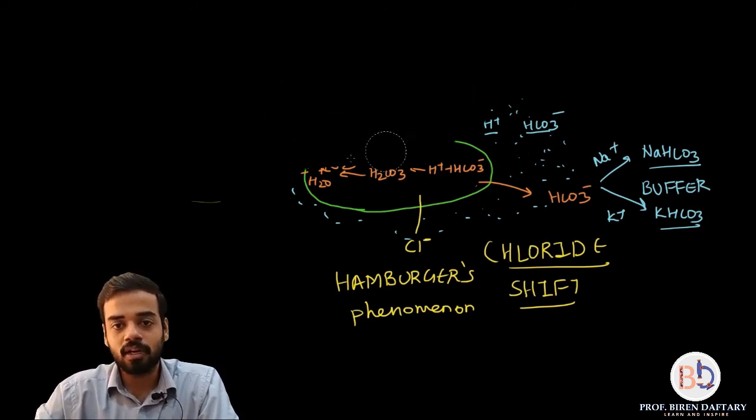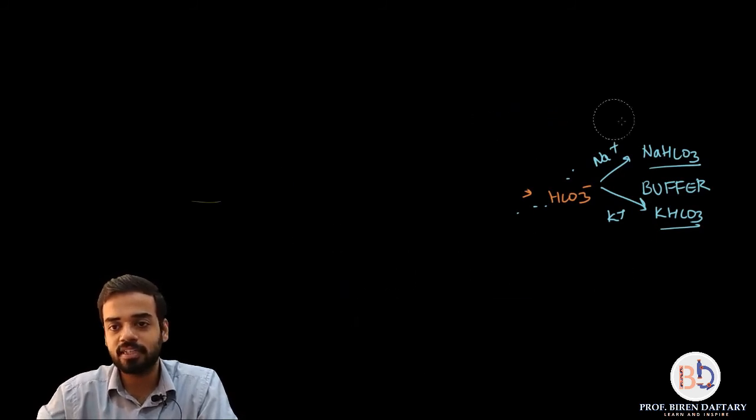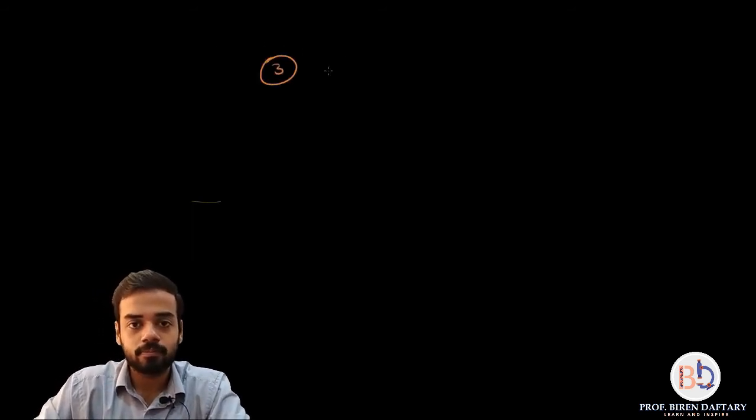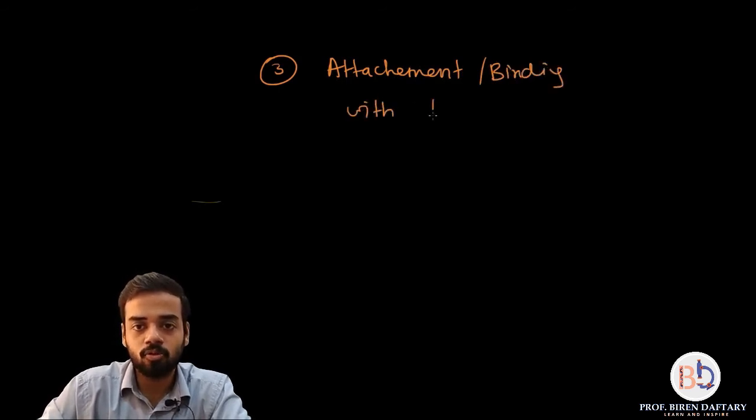Now let us come to the last and the third method of transport of carbon dioxide, which is a very easy method, and that method is attachment or binding with hemoglobin in the RBC.